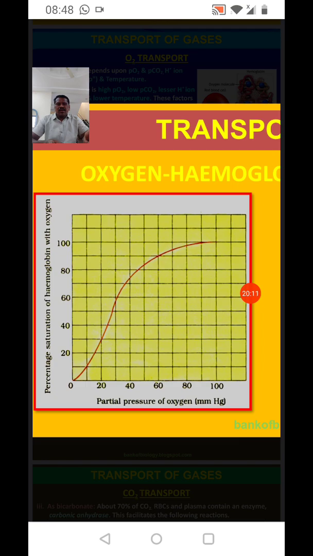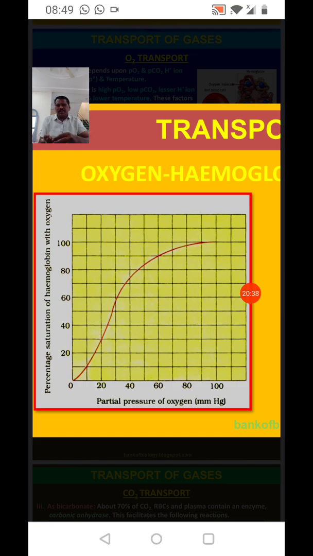The place where the partial pressure of oxygen is 100 millimeters is the alveoli. At the alveoli, the partial pressure of oxygen is 104, almost 100. That means hemoglobin is saturated, combined with the oxygen.